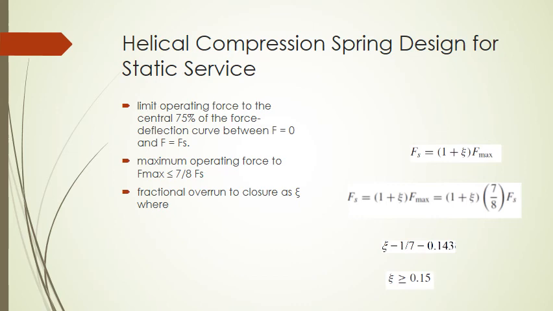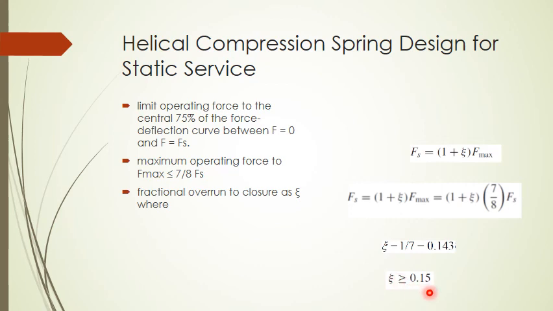So we can calculate a factor to establish the maximum force that is applied to the compression spring. The maximum operating force should be 7 by 8 of the force applied. So just define a factor: Fs is equal to (1 plus zeta) into the maximum force. So 1 plus zeta into 7 by 8 into Fs, and from this equation we can conclude that zeta is equal to 1 by 7, or 0.143.